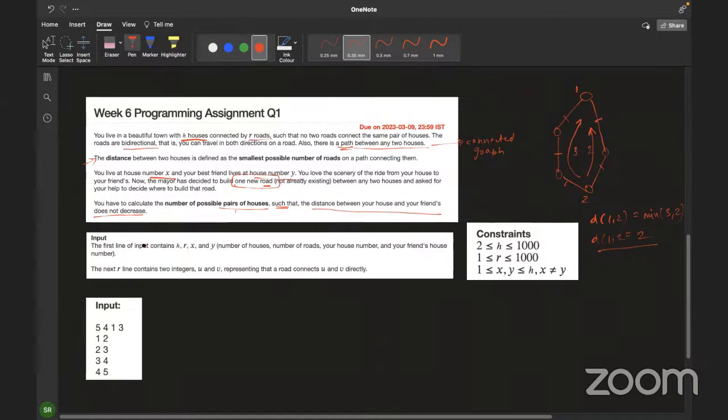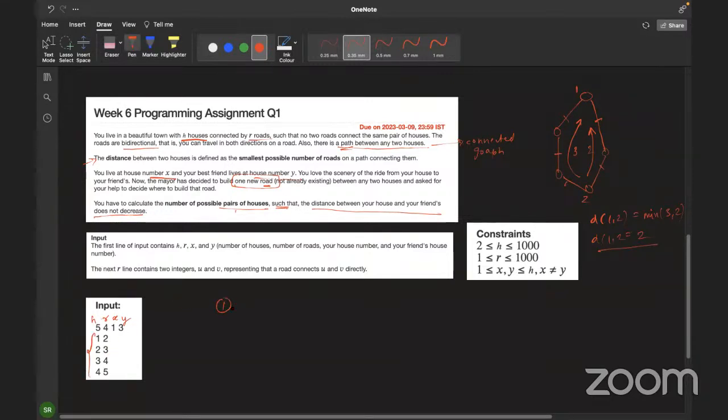Let's look at an example to understand better. So the first line of input: this is H, this is R, the number of houses is 5, the number of roads is 4, and you live at X equal to 1, and your friend lives at Y equal to 3. And now this is the graph or the network that I've given. Let's just draw.